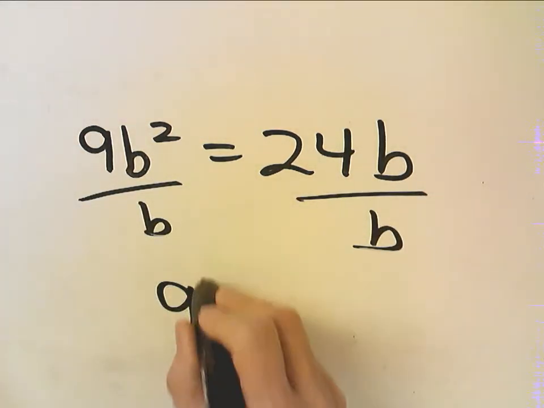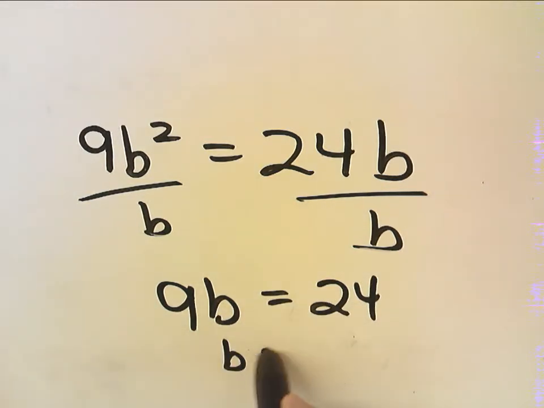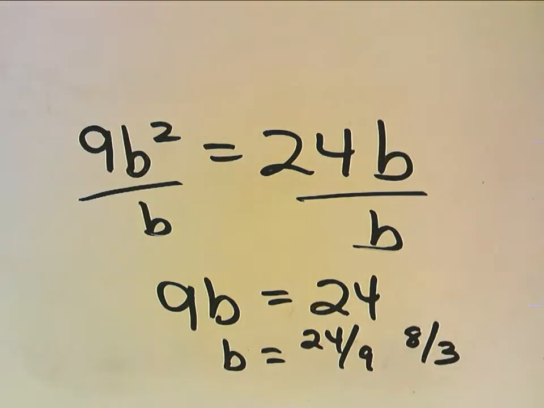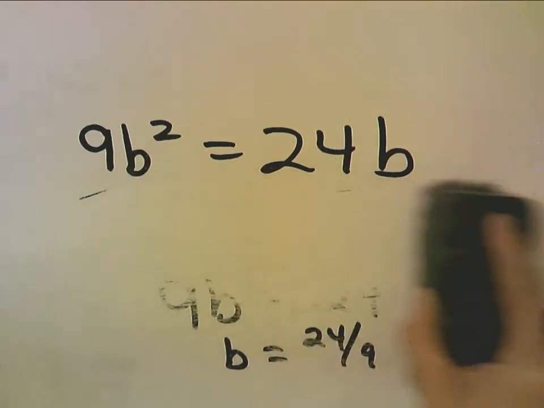We get 9b equals 24, b equals 24/9 or 8/3. Now, the problem with doing this is we can only divide by b if we're told b does not equal 0. Did anybody tell you b does not equal 0? No. So therefore, you cannot divide by b.